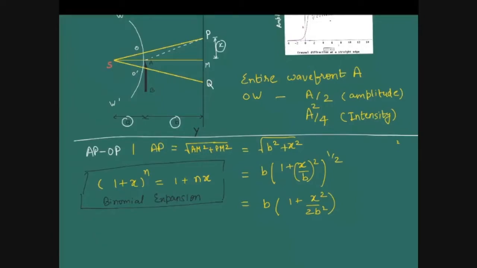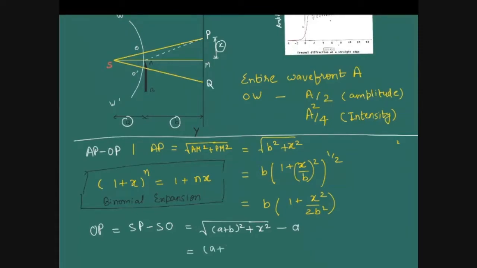Next is OP. OP is SP minus SO, and we wrote SP as square root of (a plus b) whole square plus x square, minus SO, which is a. So let us quickly apply binomial to this. Here also we need to take common, so we will take A plus B common.